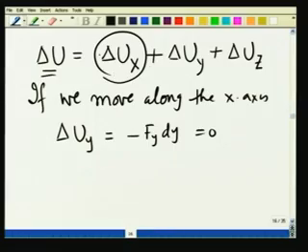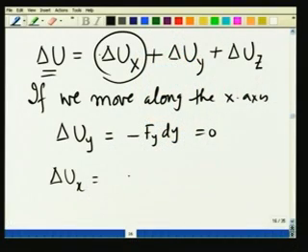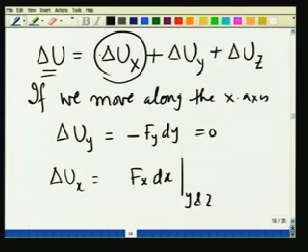So, if I keep y and z fixed, I have delta u x, which is equal to minus f x dx, keeping y and z fixed. No work is done against forces in the y or z direction when I move along the x axis.